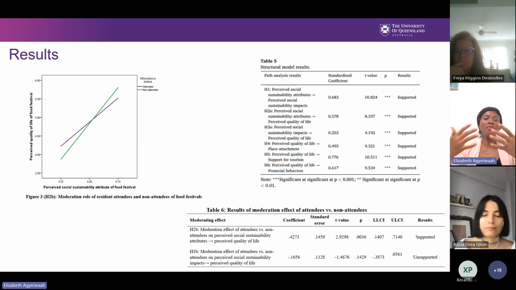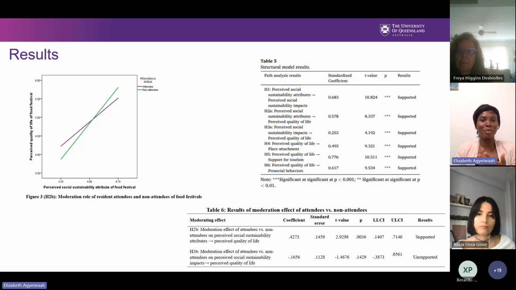So they have that behavioral element. And so our hypothesis was that these people that have that behavioral element will have a higher attitude towards the event because they can infer their attitudes from their behavior based on the self-perception theory that we proposed. So this was our argument. And indeed, yes, they did.